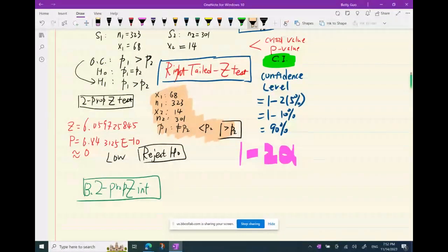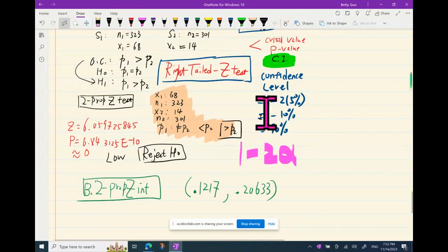Let me write down my interval. Yeah, my interval is 0.1217, comma, 0.20633.